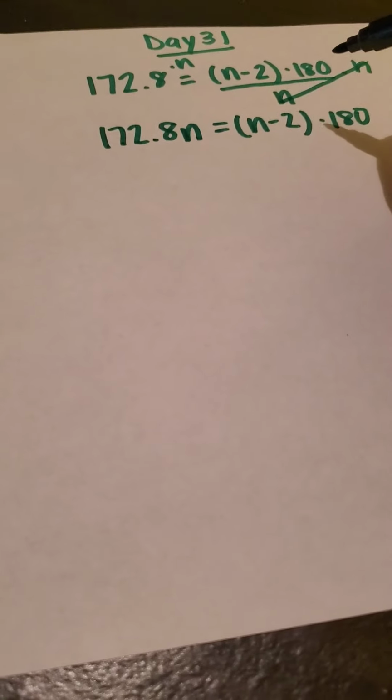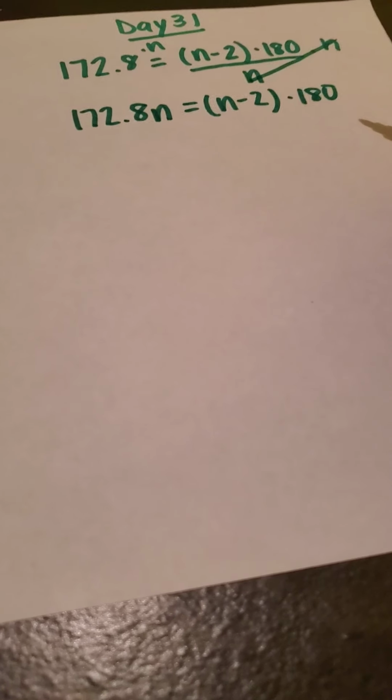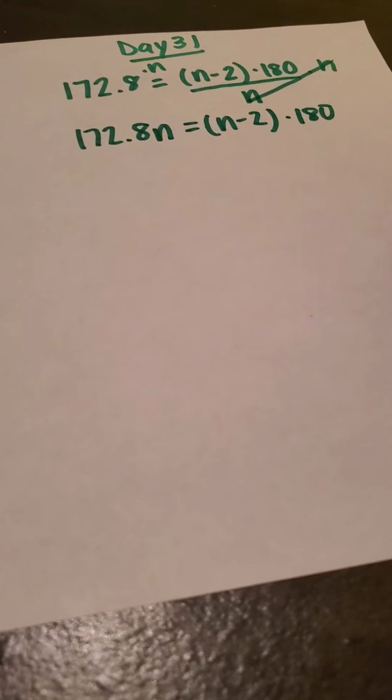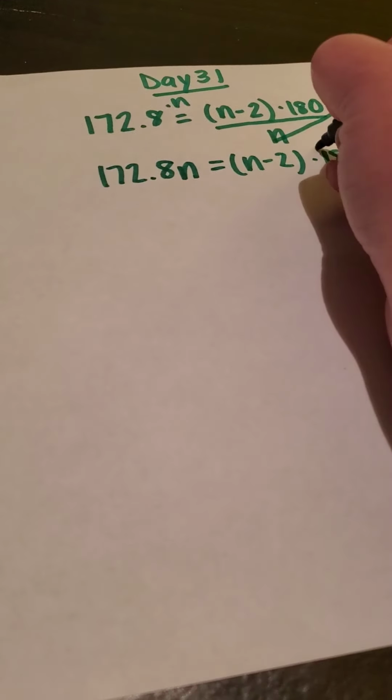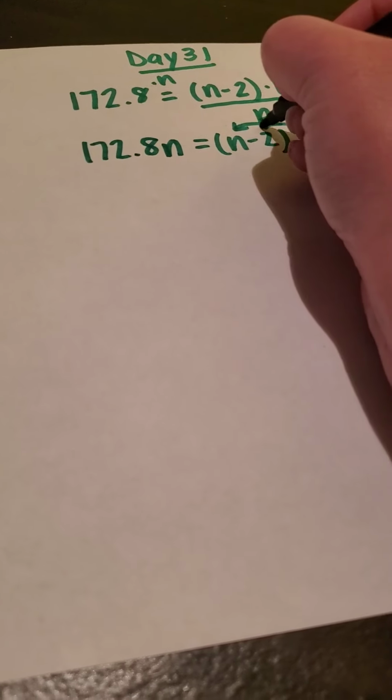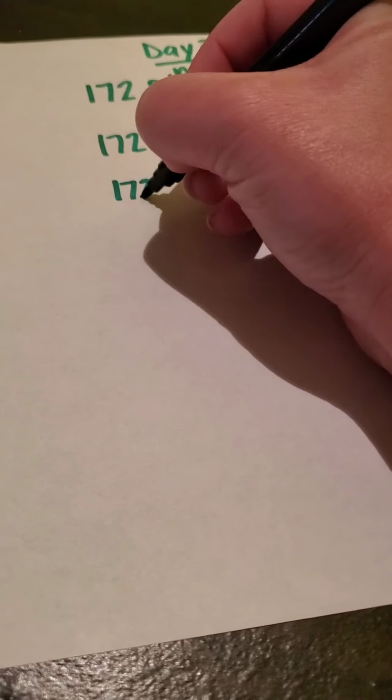Okay, this is where it gets a little bit different from day 31. Because if I just divide by 180 right now, it's not really going to help me very much. So I actually need to go ahead and distribute my 180 over here. So I'm going to bring this down because it's going to stay the same.